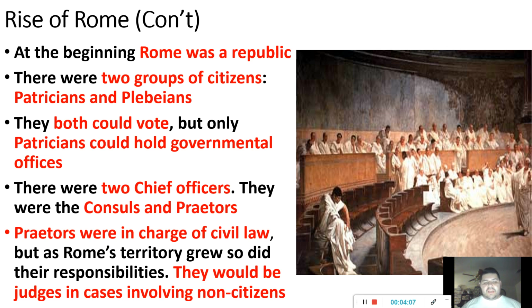As the empire grew and grew, so did their responsibilities, and they ended up being judges in cases involving non-citizens. If it was citizen versus citizen, they would go to a regular type of court. But if it was a citizen versus a non-citizen, then a praetor could be the judge and, from their judgment, say who was guilty, who was innocent, things like that.